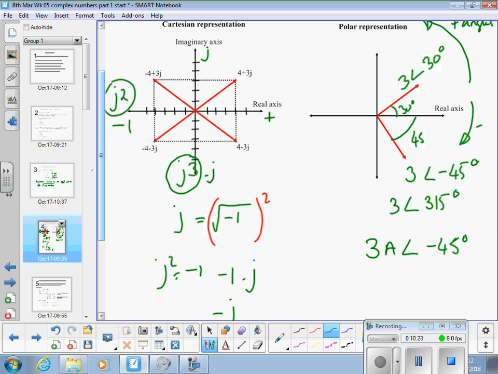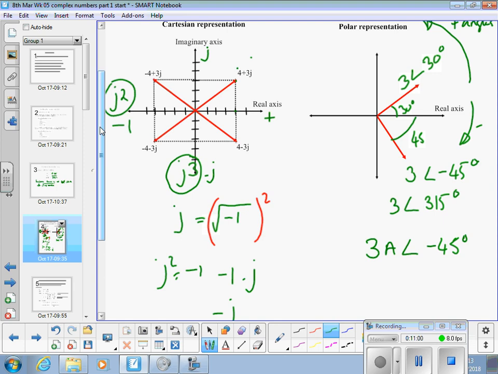So on this Cartesian representation, we represent it as 4 steps on the x-axis plus 3 steps on the j axis: 4 plus 3j. That's in the first quadrant, where we've got a positive real part and a positive imaginary part.